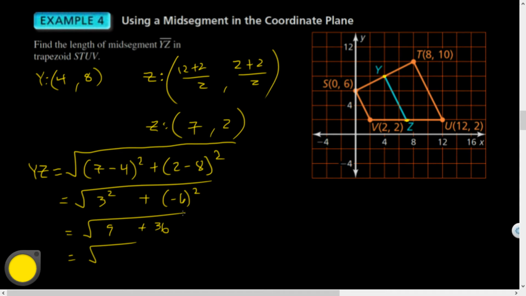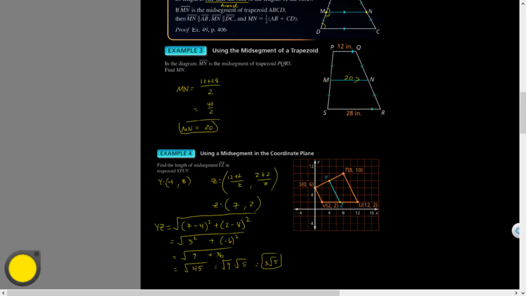That's going to be 45. Can I reduce that radical? What's the largest perfect square that goes into 45? Perfect squares: 4, 9, 16, 25. 9 divides into 45. And the square root of 9 is 3, so 3 radical 5 is the length of that. And you could get decimal approximations if you would.